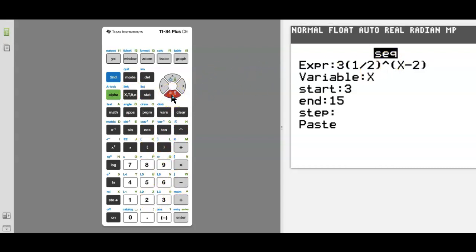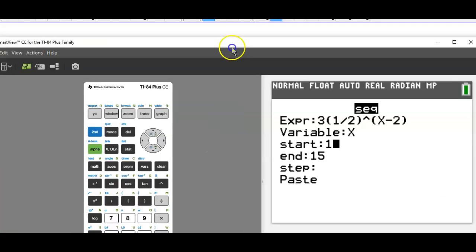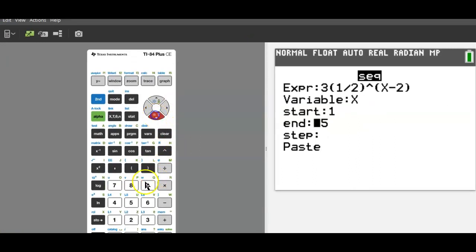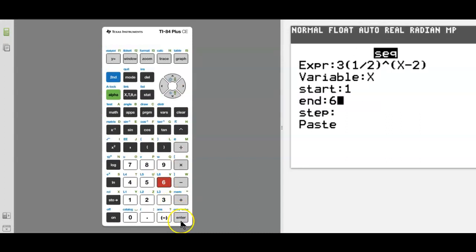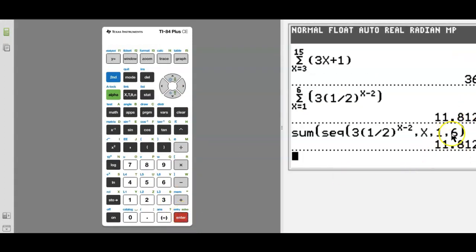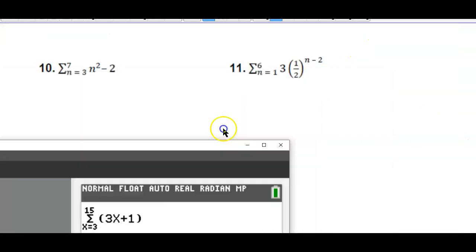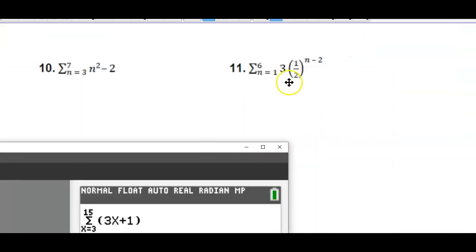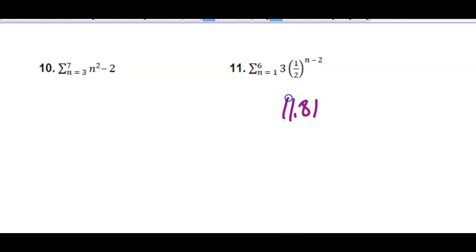And then you would say the variable is x. I wanted the sum of the first, and I already forgot, 6 terms. Enter, enter. Enter again, and we get the same thing, 11.8125. Okay, that is an exact answer.